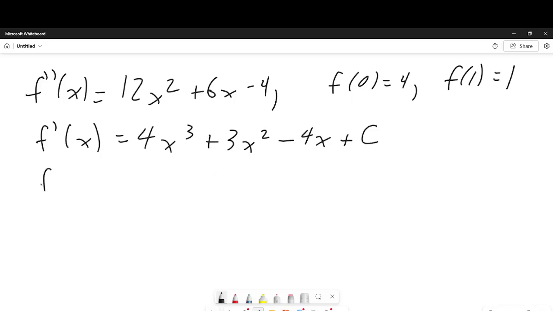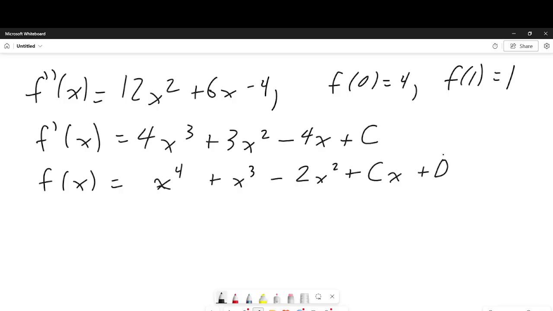And now let's get f of x, then would be x to the 4th plus x to the 3rd minus 2x squared plus... Okay, well, it's constant, so its answer would be cx. But then we need to bring in another constant, which I'll call d. Or sometimes they call them c1 and c2, whichever.